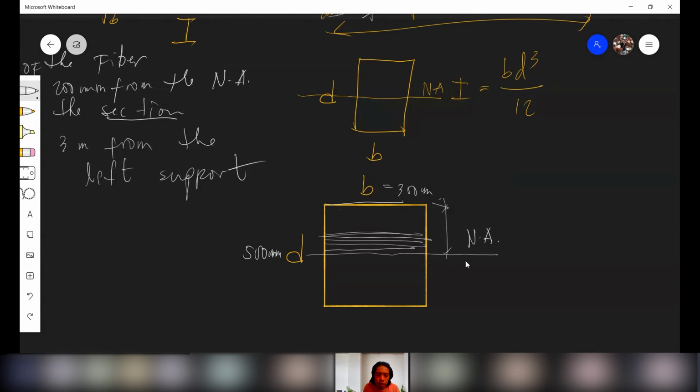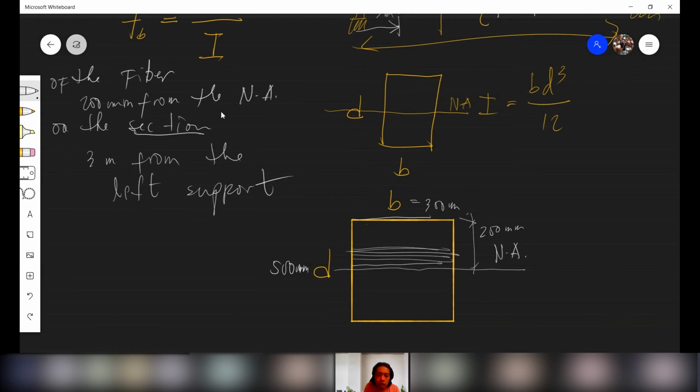Pero distance from the neutral axis to the outermost fiber is 250 mm. 250, right? Nakita nyo nga 200 mm daw from the neutral axis. So, haing nga fiber ang imo iconsider? Somewhere here. This is 200 mm. Okay.